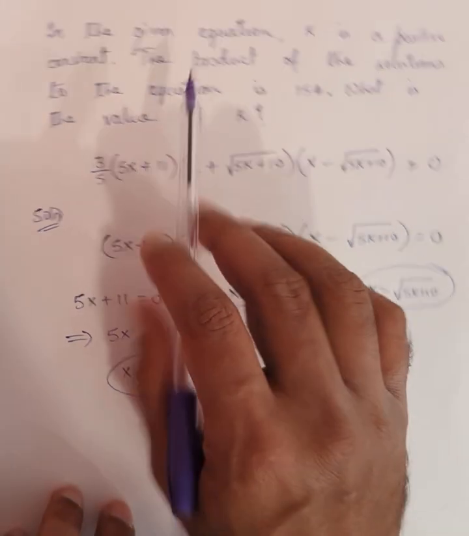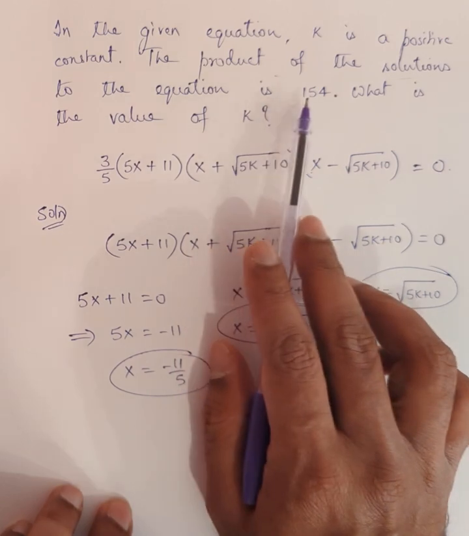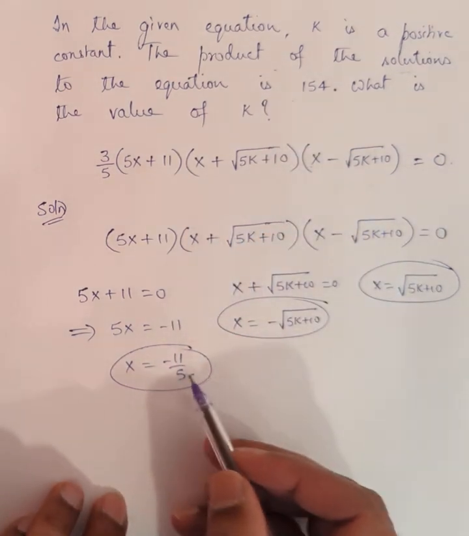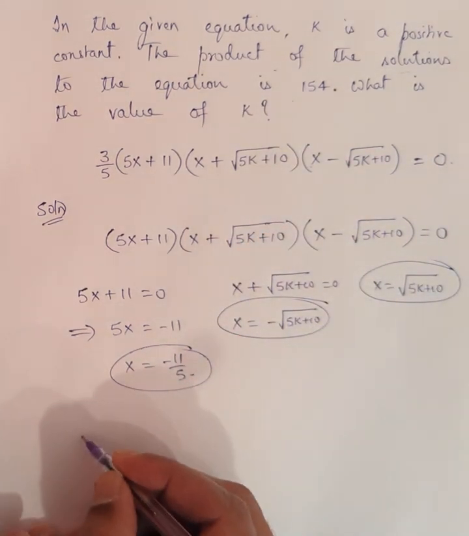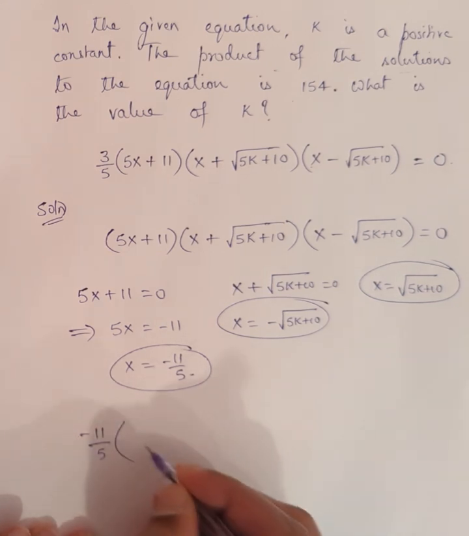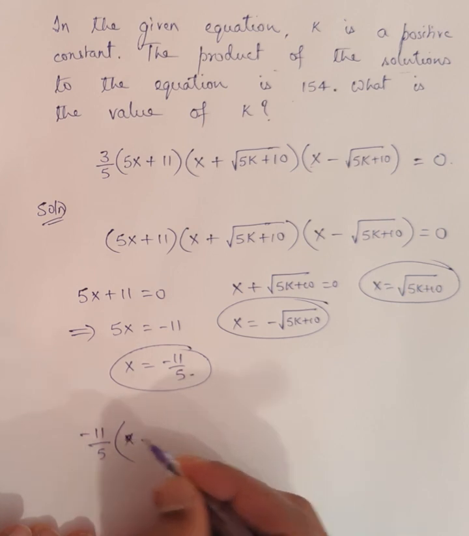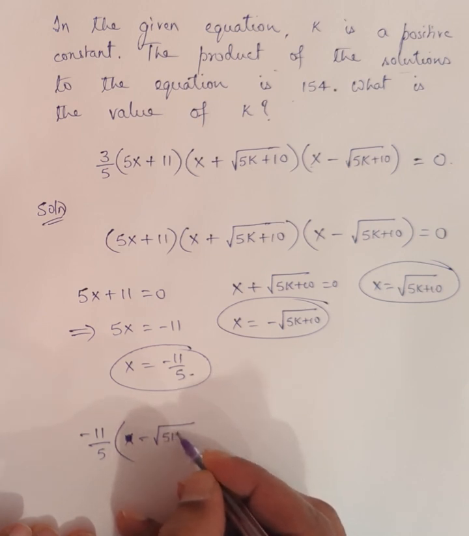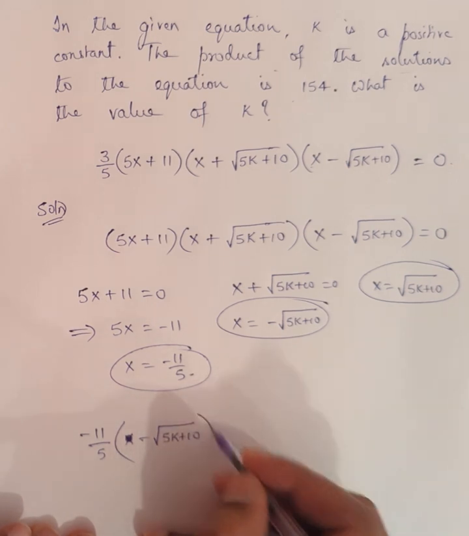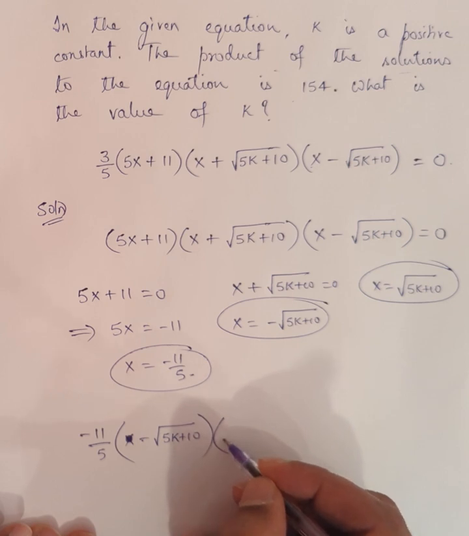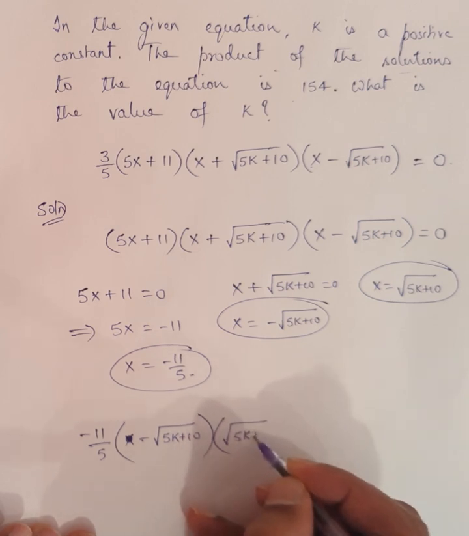So notice it says that the product of the solutions is 154. So let's go ahead and multiply all these numbers. Negative 11/5 times, sorry, there is no x, it's just negative square root of 5k plus 10 and positive square root of 5k plus 10.